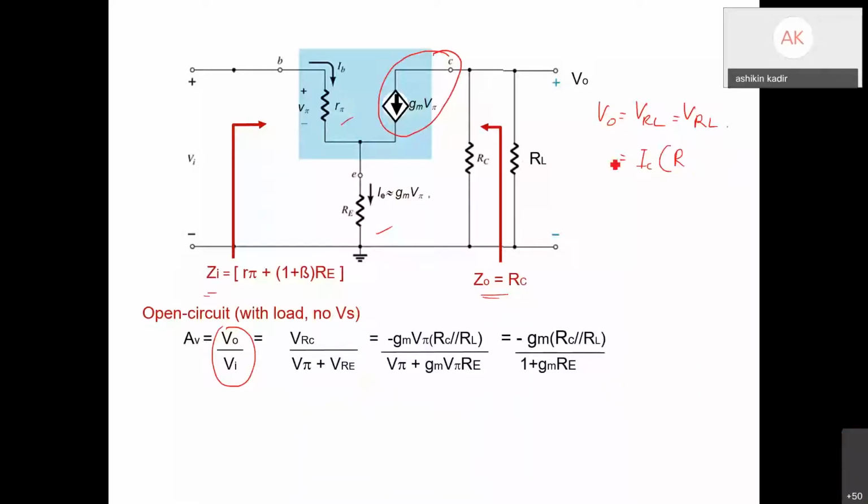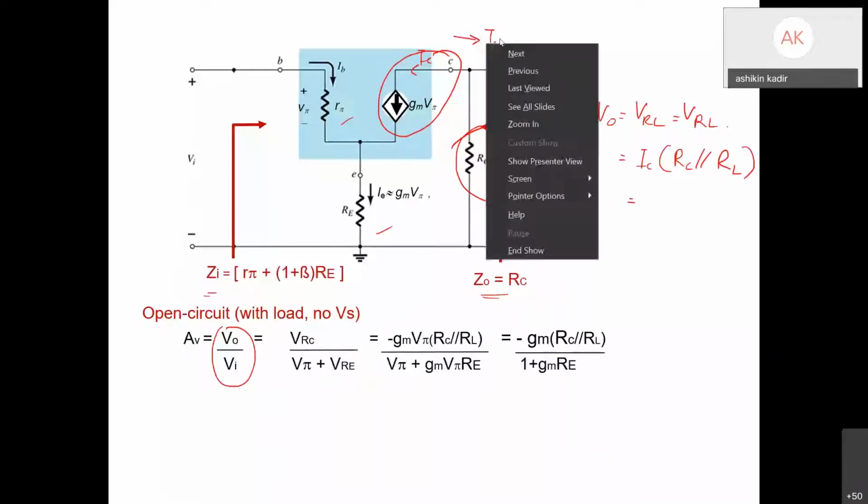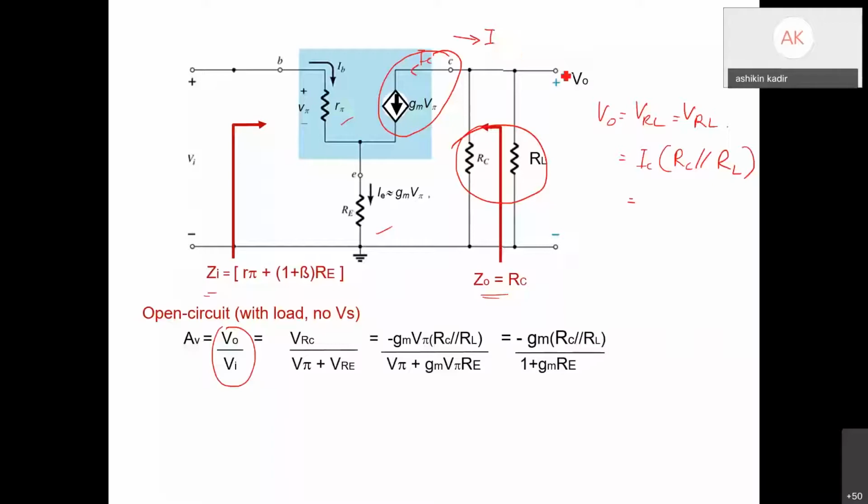The resistors here are RC parallel with RL. To determine the voltage over here, the current must be flowing in this direction, so your IC must be pointing to the voltage. Therefore it is minus IC because of the different direction. So this is your V out.